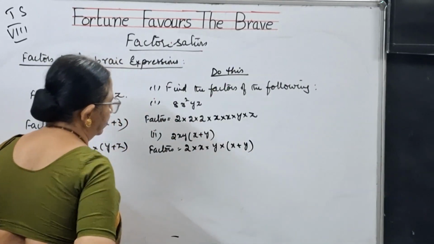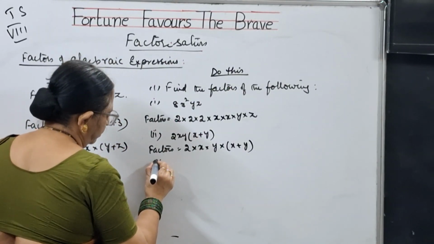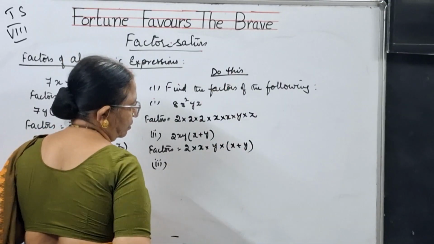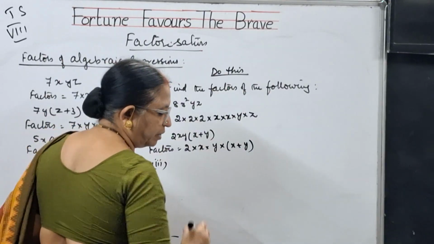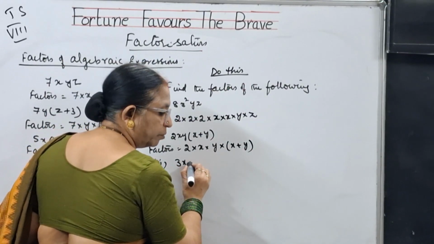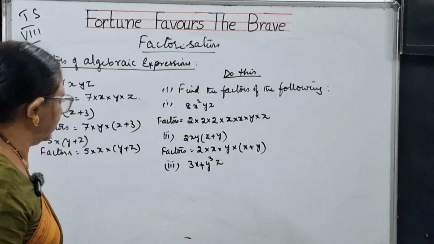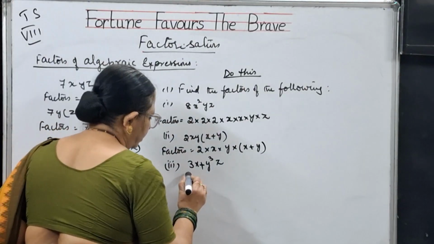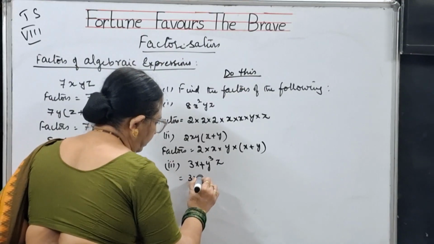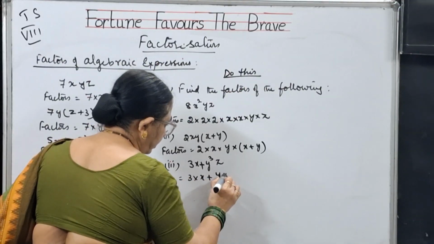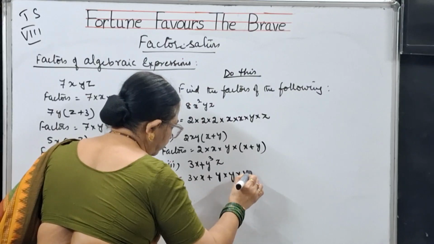It will not come under this. Now, third one, we cannot write x into x. Okay, next 3x plus y cube z. Now in this, 3x plus y cube z can be written as 3 into x plus y into y into y into z.